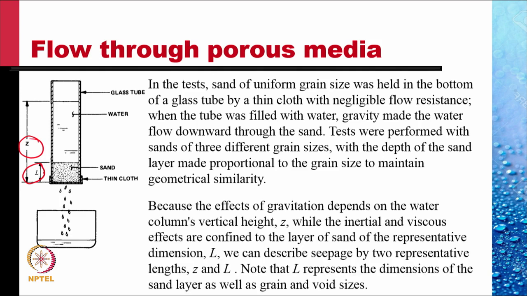Because the effects of gravitation depend on the water column vertical height Z, while the inertial and viscous effects are confined to the layer of sand with the characteristic dimension L, we can describe seepage by two representative lengths Z and L. Note that L represents the dimension of the sand layer as well as the grain and void sizes. So, when we are using a scaled length L, this sand size has to be reduced.